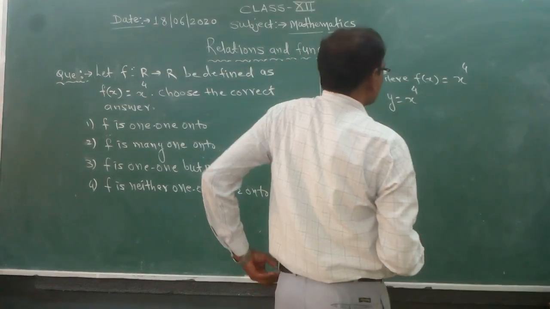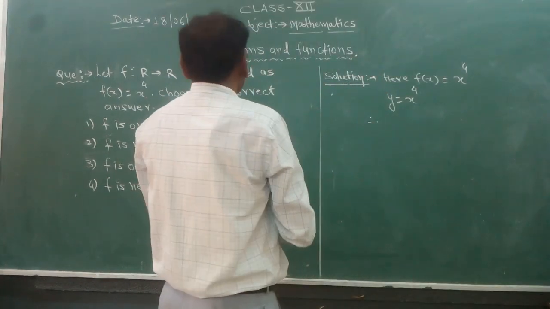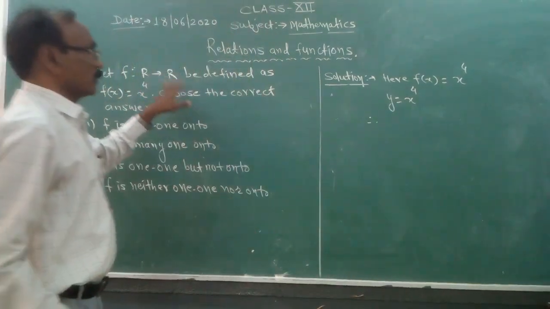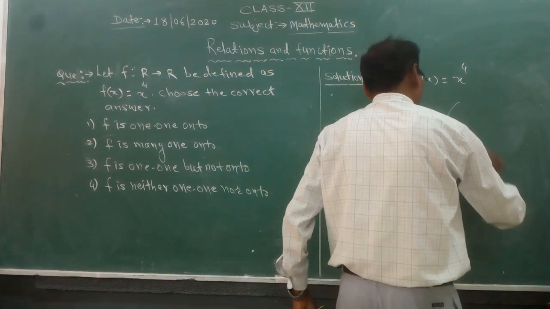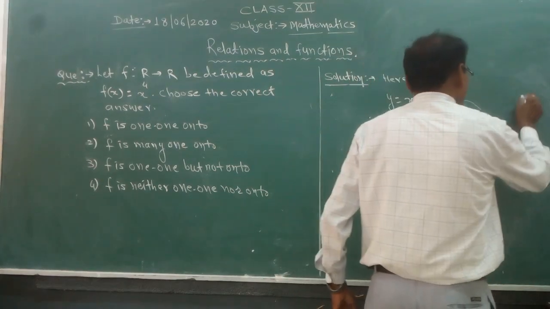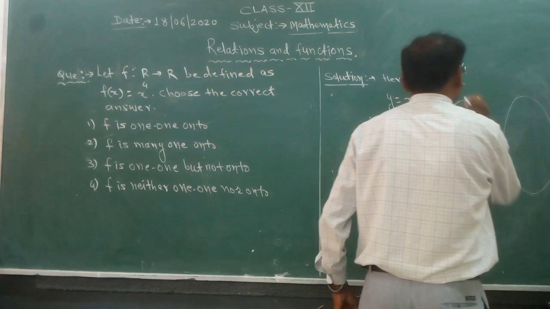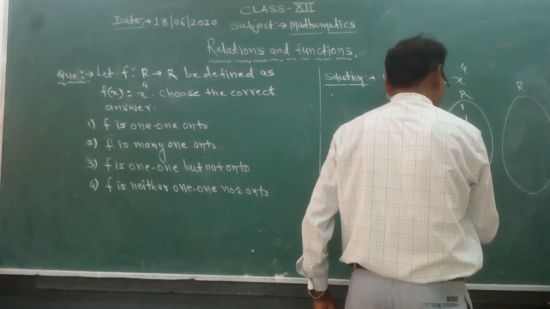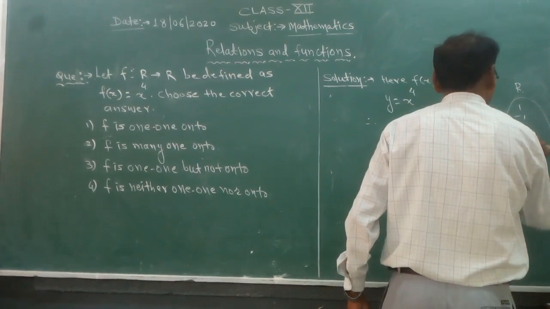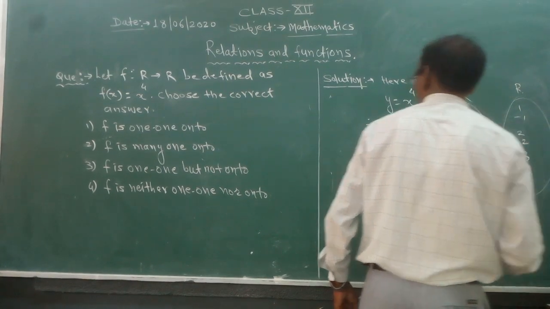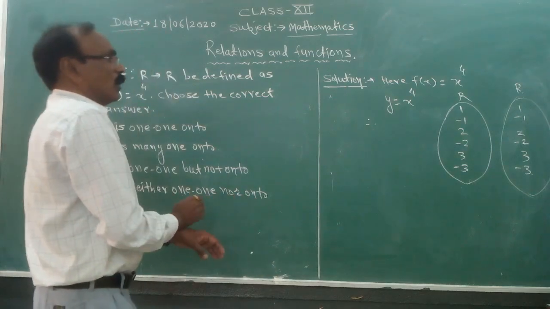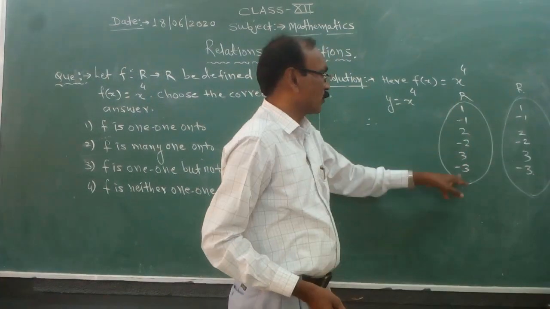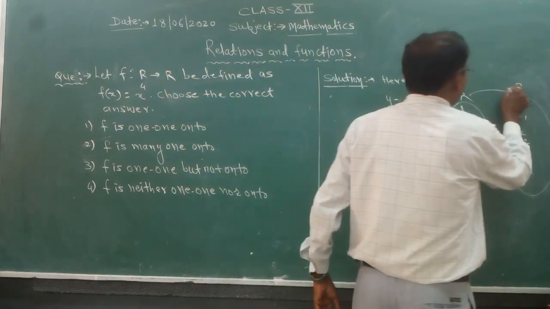Therefore, here you are having two sets, real numbers and real numbers. So 1, minus 1, 2, minus 2, 3, minus 3, all numbers are there. So you can put any number from the domain.